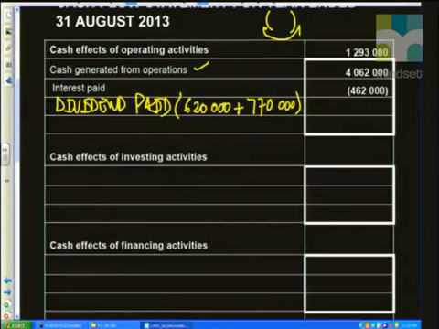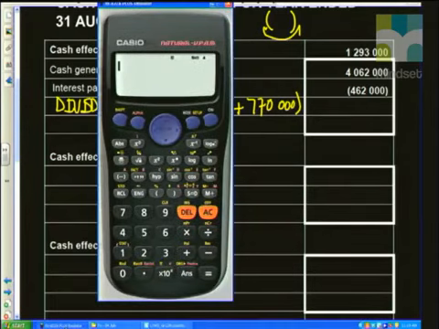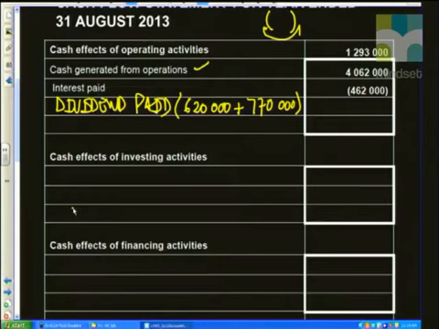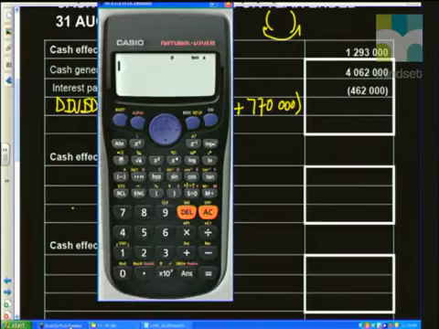What are we now going to do? We're going to add those two components together, and it's the 620,000. Okay. Are you struggling there?